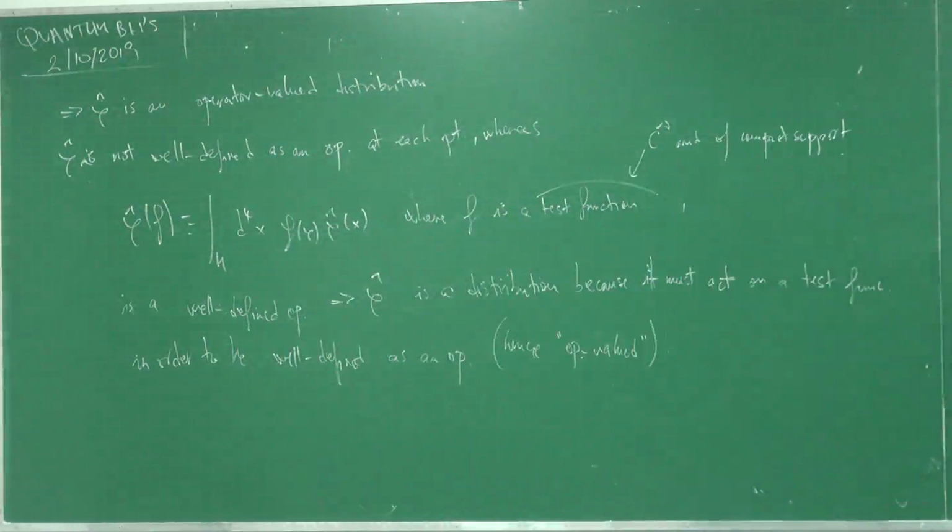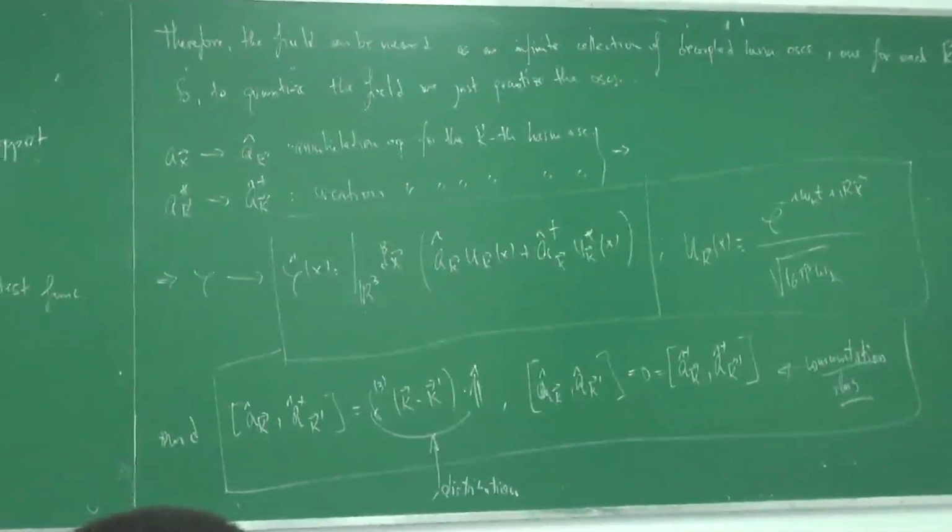Because phi is made of A and A dagger, and what is a distribution for sure is a commutation of A and A dagger.